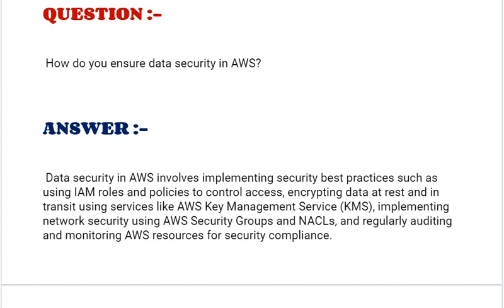Your answer should be: data security in AWS involves implementing security best practices such as using IAM roles and policies to control access, encrypting data at rest and in transit using services like AWS Key Management Service (KMS), implementing network security using AWS security groups and NACLs, and regularly auditing and monitoring AWS resources for security compliance.